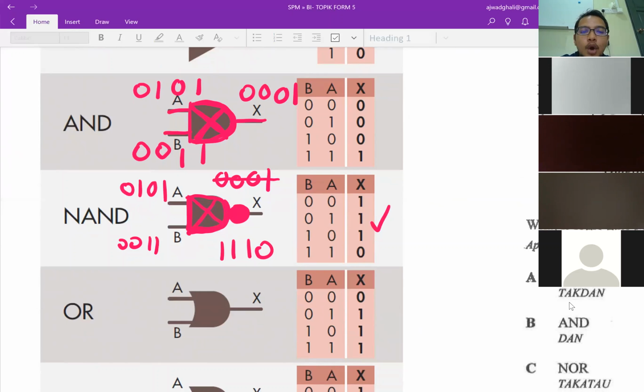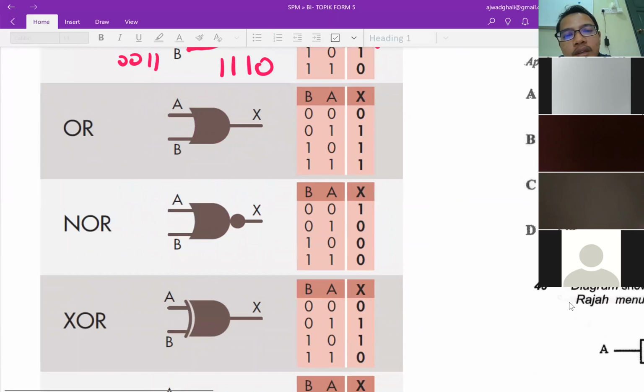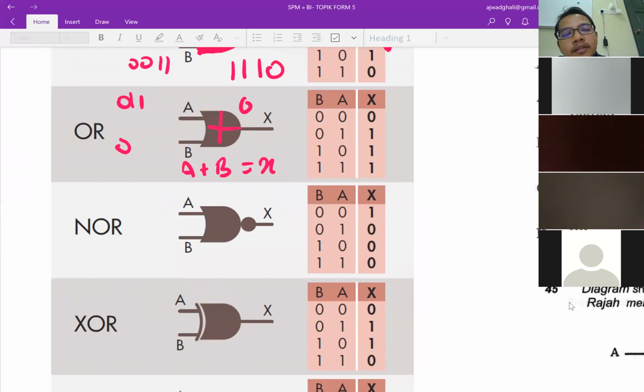Okay. OR. To get OR is A plus B. A plus B, you will get X. So 0 plus 0 is 0. 1 plus 0 is 1. 0 plus 1 is 1. 1 plus 1, even though it's 2, because it's binary, produces 1.